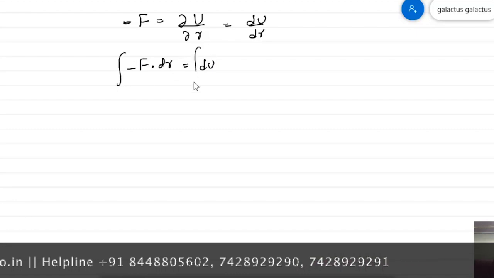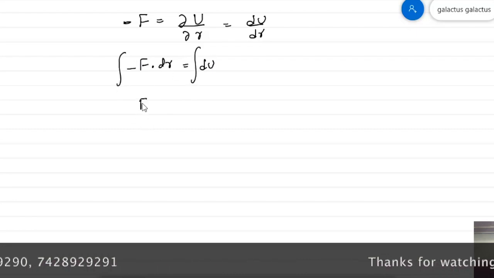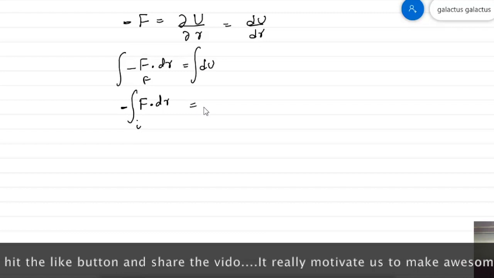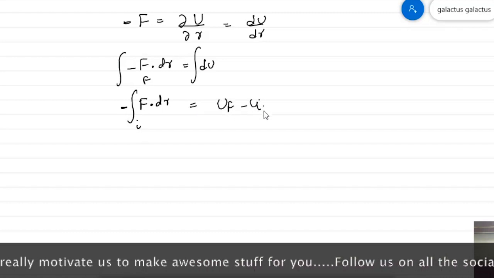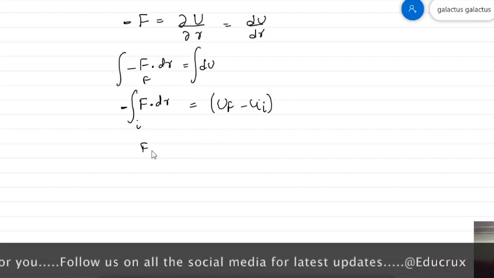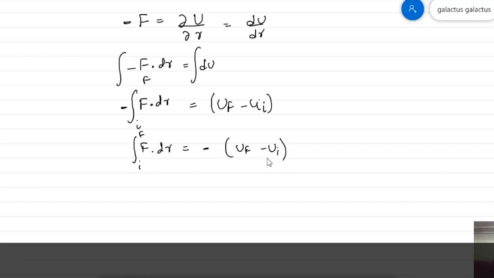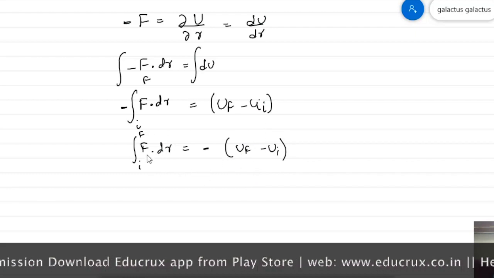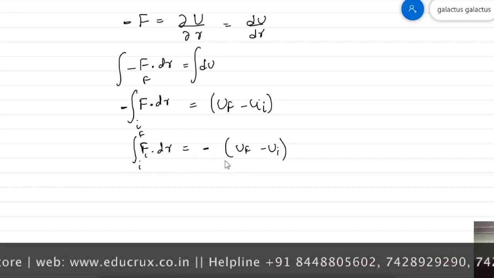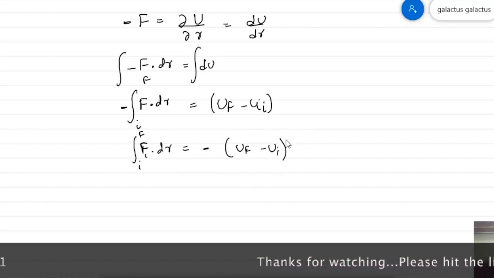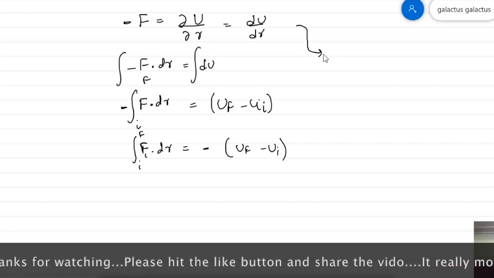So if I integrate from the initial to the final point, then the integral of f dot dr from initial to final is equal to uf minus ui, and f dot dr from i to f is now equal to minus of (uf minus ui). So we have arrived at the same expression once again: work done by the conservative forces is equal to the negative of the change in U. So this is the same law, and that is why in case of a conservative force we have this expression.